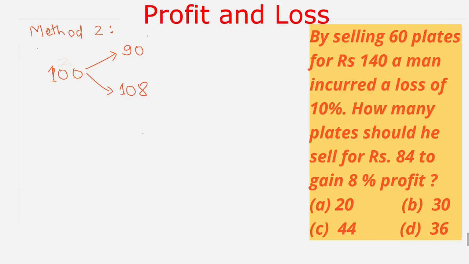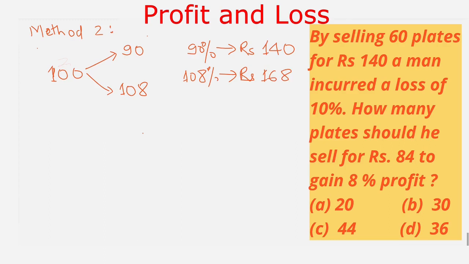Here 90% is equal to rupees 140. Therefore 108% should be equal to how much? 90 and 108 are in the ratio 5:6. So we have to divide 140 by 5 and multiply it by 6. On dividing 140 by 5, we get 28. And we multiply it by 6. Then we get rupees 168.